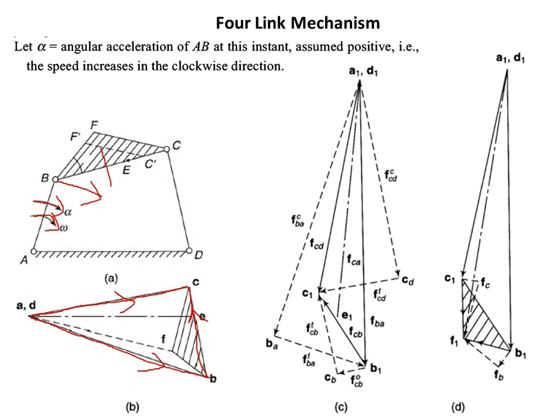You can locate point F using the points B and C and that dimension, and from here you can join to the initial point and get this F and then complete this also. And if F dash is one more point, you can use that also, and if you want to get point E, you can mark the point E and then complete this velocity diagram. Okay, so this is the normal procedure.